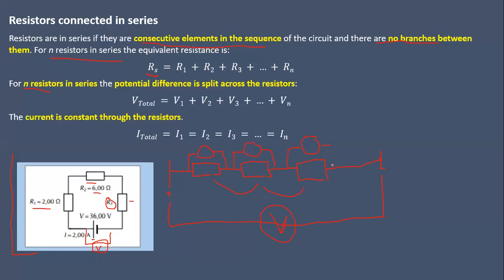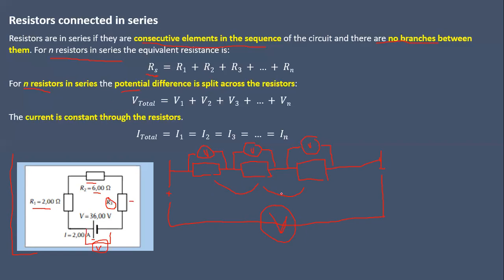So you now have voltmeter 1, V1, voltmeter 2, V2, and voltmeter 3, V3. The total that you would measure for the total potential difference will just be the value here plus the value here, plus the value that you will get at the third one. So for resistors that are connected in series, the potential is split across them.